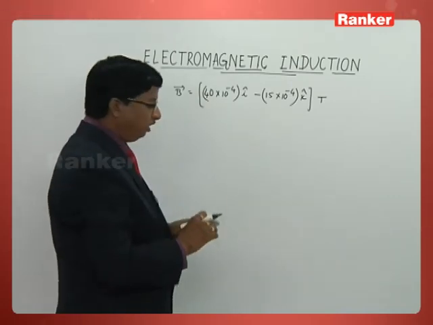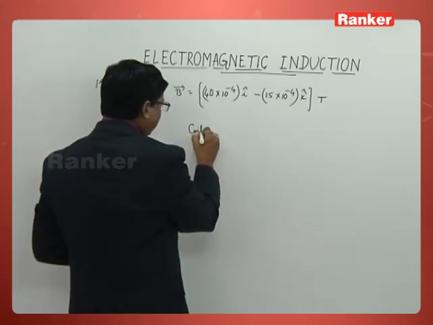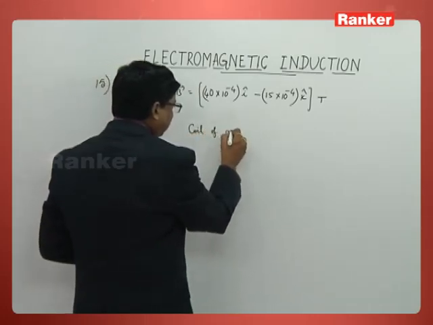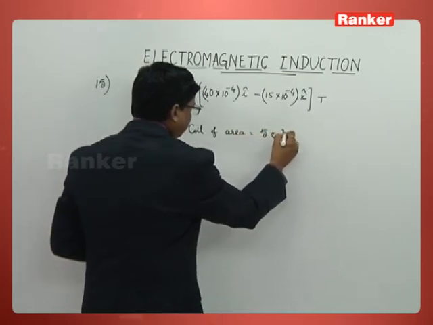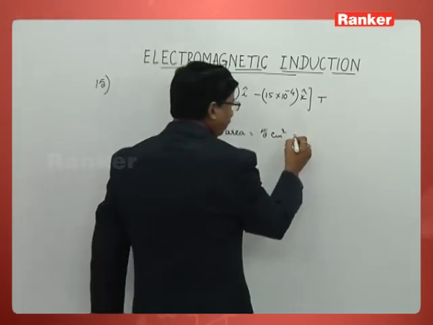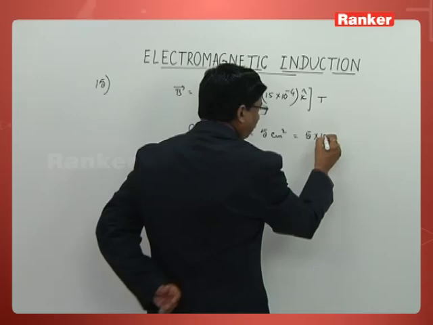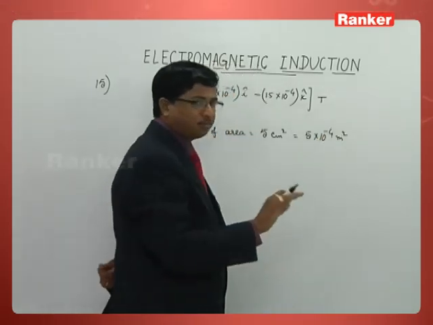What next did he say? There is a coil. That coil of area, how much did he say? 5 centimeter square he has given. That can now be rewritten as 5 into 10 power minus 4 meter square.